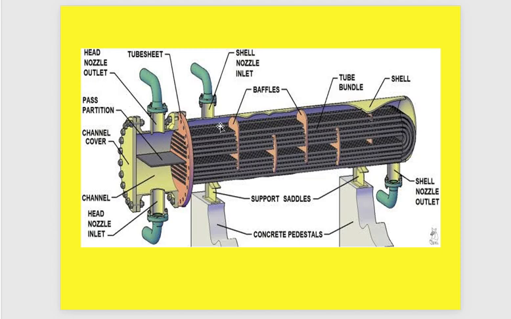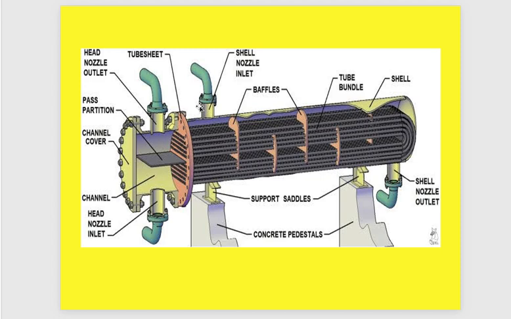And this is the shell. We can easily find the shell nozzle outlet and the shell inlet. So this is the general component layout of the shell and tube heat exchanger, and you can easily find the main components involved in this type of exchanger.